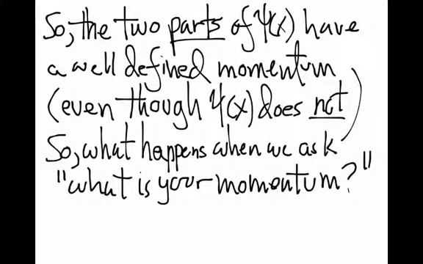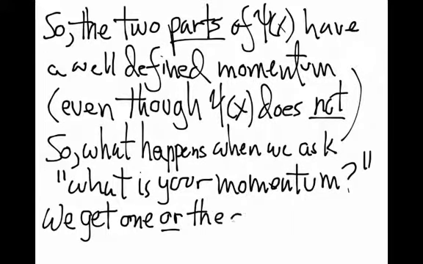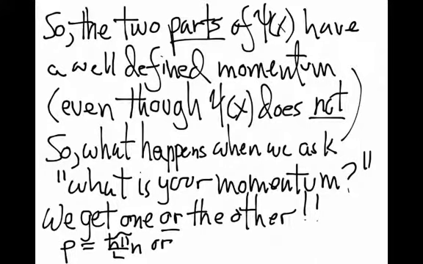If we ask this thing, what's your momentum, we're going to get one or the other of those two answers, because we broke the function sine into those two, phi plus and phi minus, forward-going and reverse-going functions. So the momentum is going to be either h bar pi over L times the quantum number n, or minus h bar pi over L times the quantum number n, the positive value or the negative value with the same magnitude.